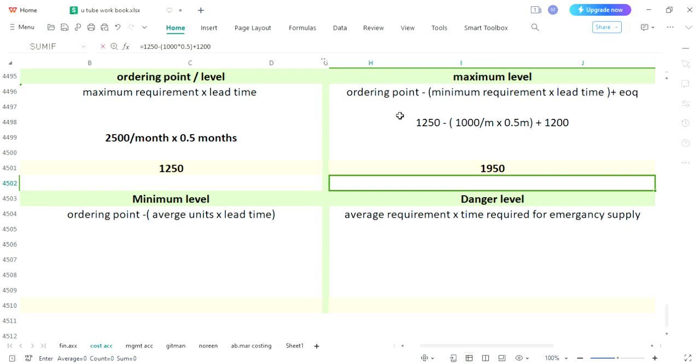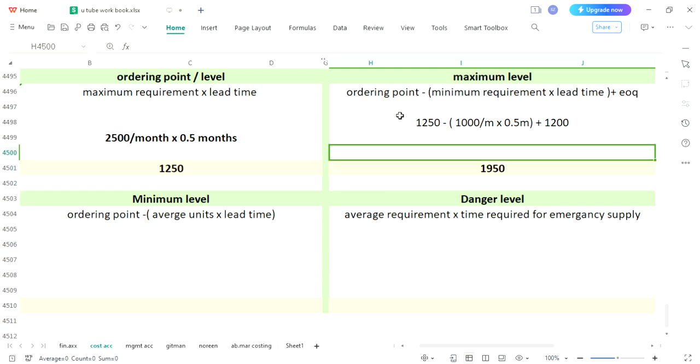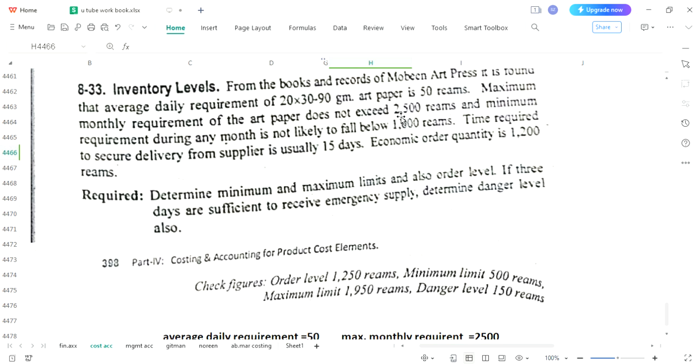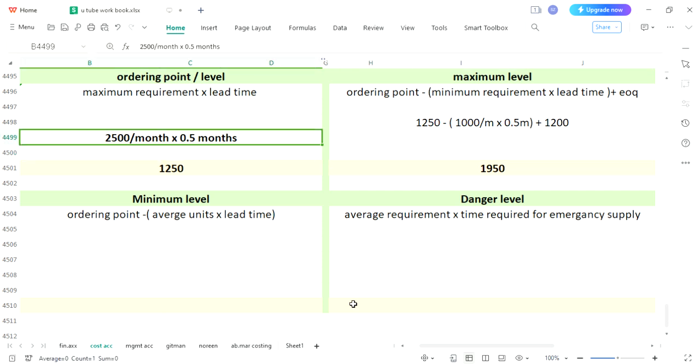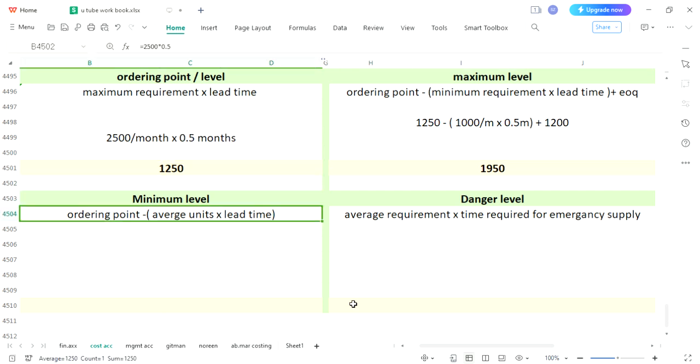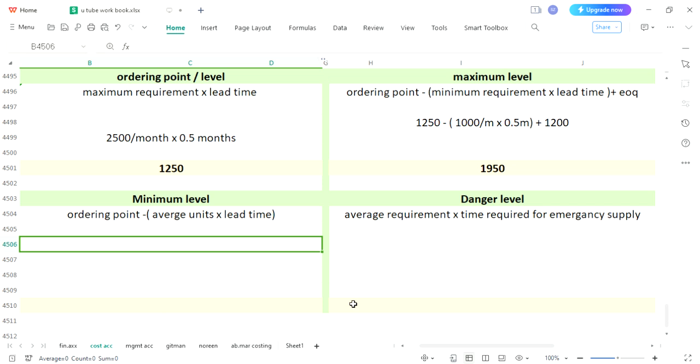So in this way we have got our answer, maximum level, and you can see over here maximum limit is 1950. So two answers we have completed, and now we'll be looking forward to minimum level.